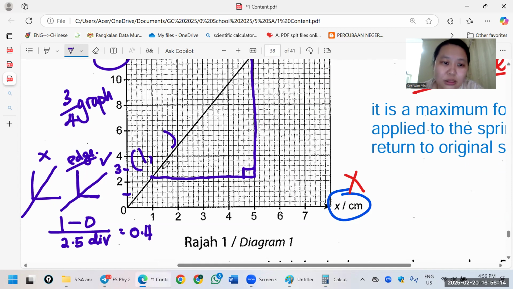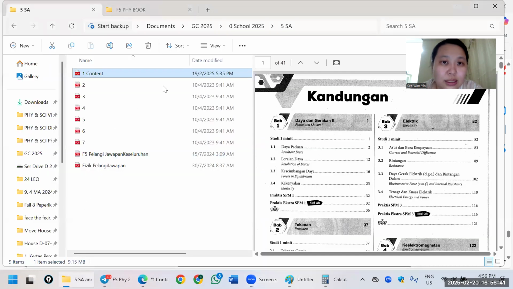So one box actually is 0.4. So this is 2.4. Understand? So you use a value minus another value divided by how many divisions here. Then you will get 0.4 per 1 division. Why 2.4? Okay, that's okay.